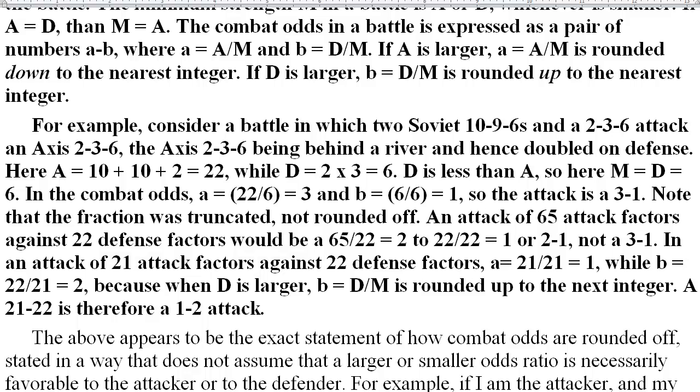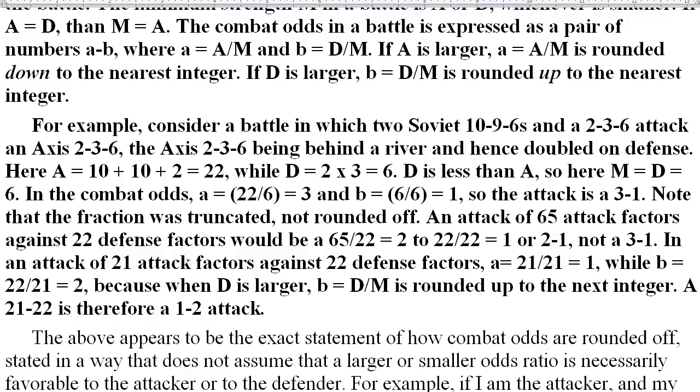On the other hand, if I have 65 attack factors attacking 22 defense factors, let's see, the 65 over 22, the attacker number, would be a 2.9, etc. That rounds down to 2, and 22 over 22 is a 1.